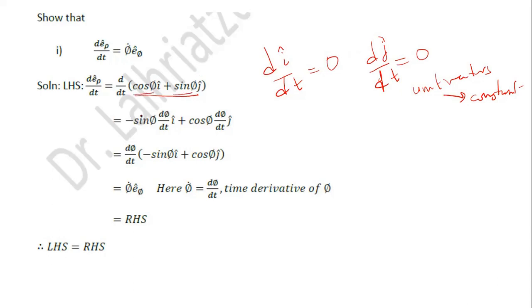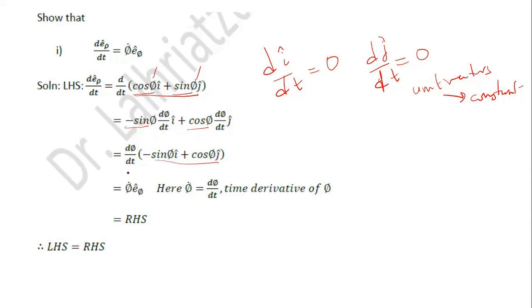When you differentiate cos phi, you will get minus sine phi, then the differentiation of the phi variable itself, d phi upon dt. Differentiation of sine phi is plus cos phi, then differentiation of the variable with t. So d phi upon dt you can take as a common factor, and this is minus sine phi i cap plus cos phi j cap.